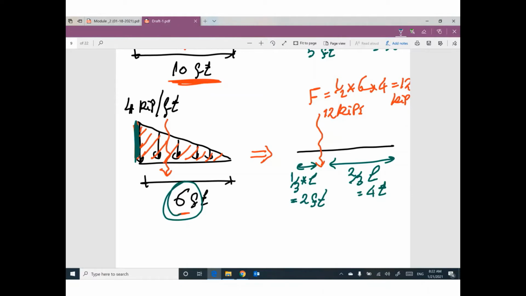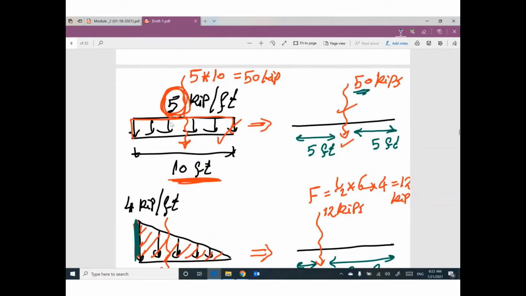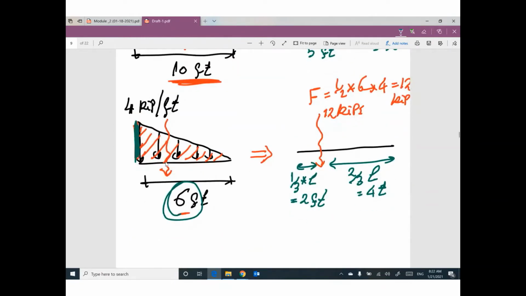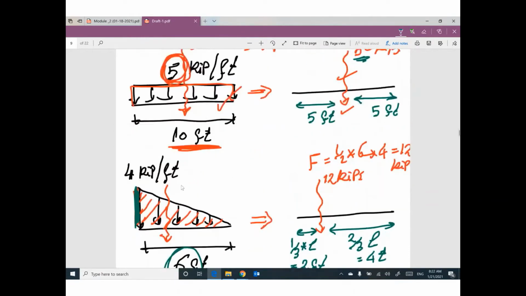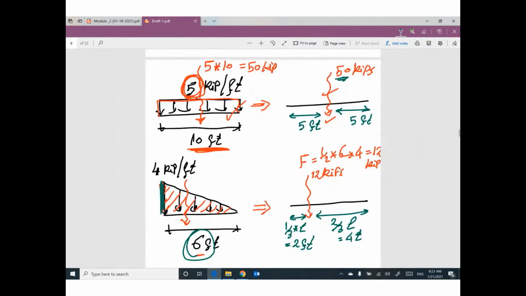So if you have a uniform distributed load like this, or a right angle triangle distributed load, I can convert any of them to an equivalent force.